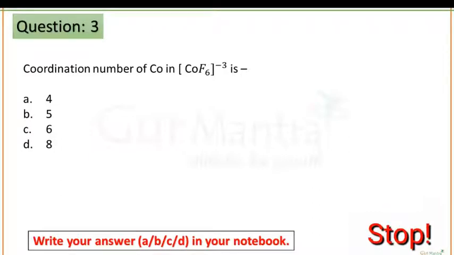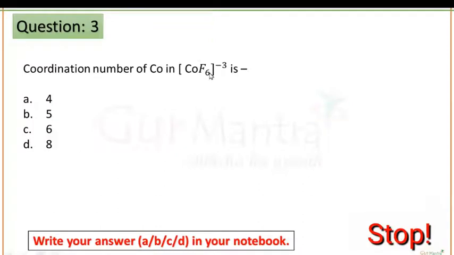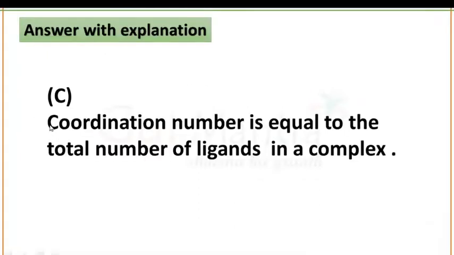Time up guys. The correct answer is option number C, that is 6. As you know, coordination number is equal to the total number of ligands present in a complex. And here 6 fluoride ions are attached with the Co atom. That's why the correct answer is option number C.